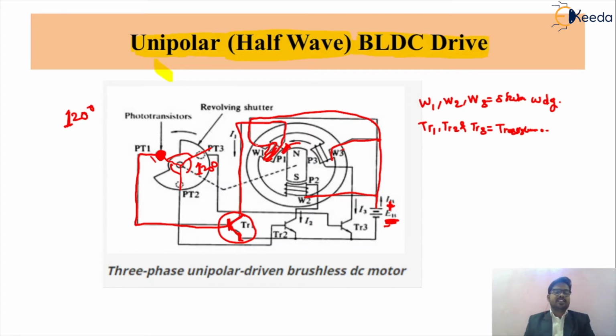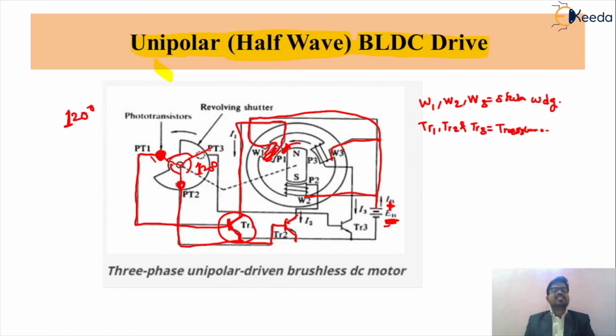So this is the first thing. After the second position, when PT2 gets the energy from the photons, PT2 will give the supply to transistor number T2. At that particular position, PT1 and PT3 will remain non-conductive.